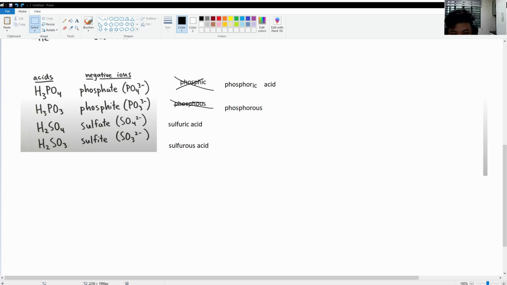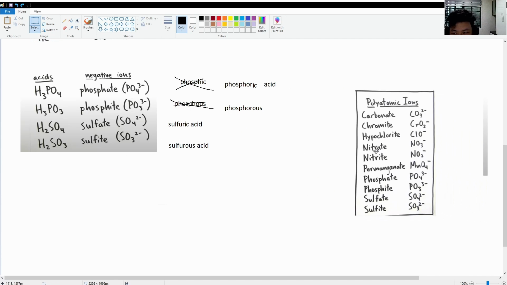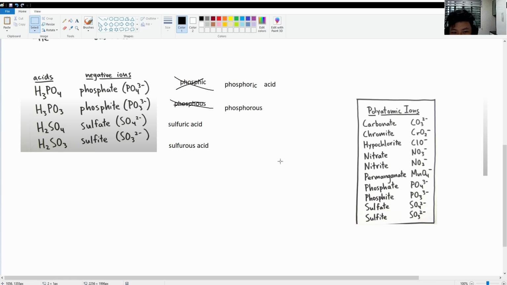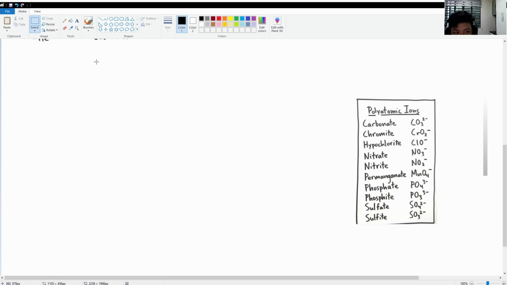Now, let's say you're naming an acid whose ion starts with hypo or per. It's just the same, but the beginning is different. Let's say HMnO4.